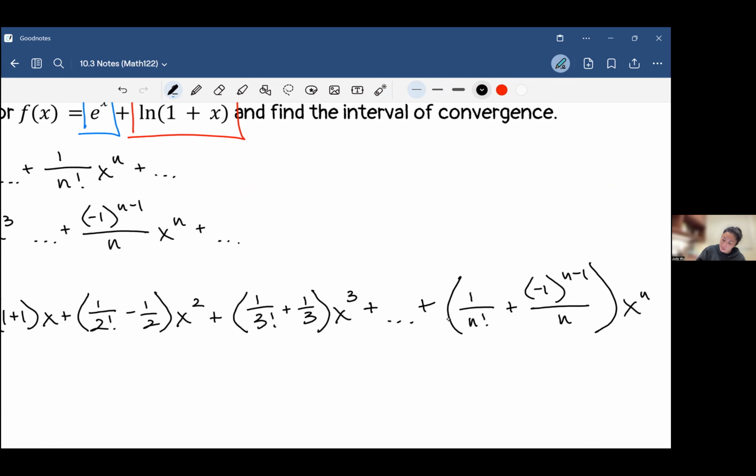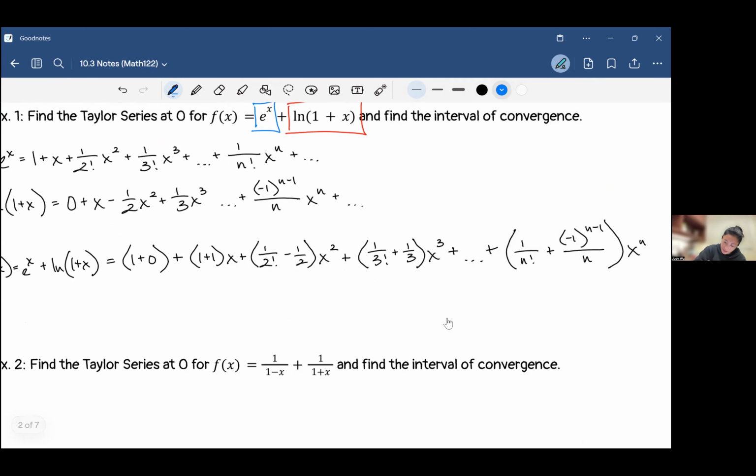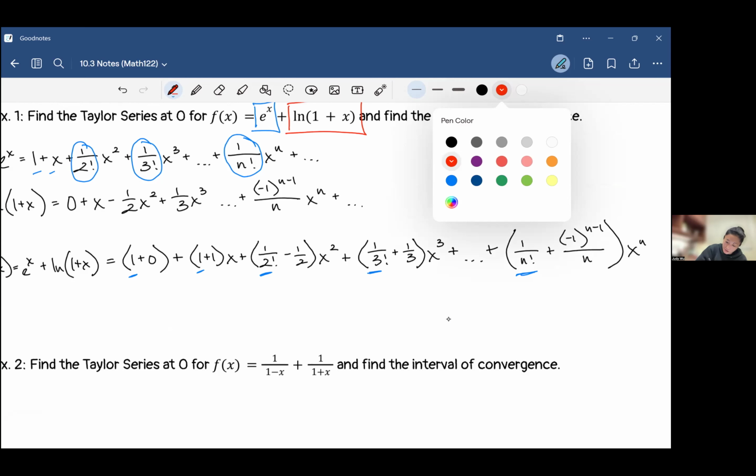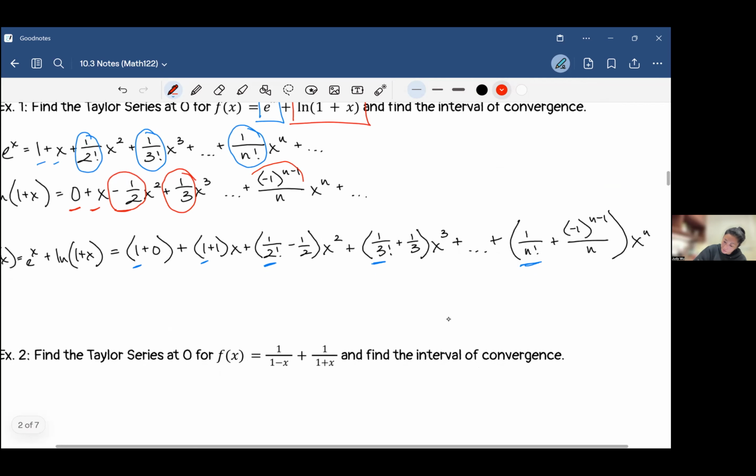Okay? So I hope we can kind of see how in each one I've got the coefficients from the e to the x, that's the first one in every single one, and I'm just adding it to the first term in the natural log one.